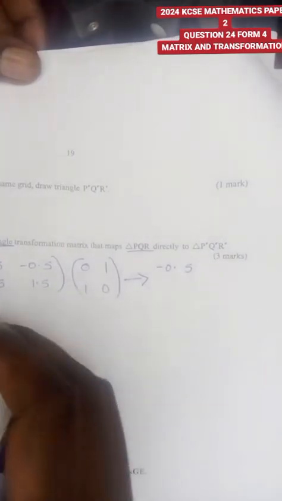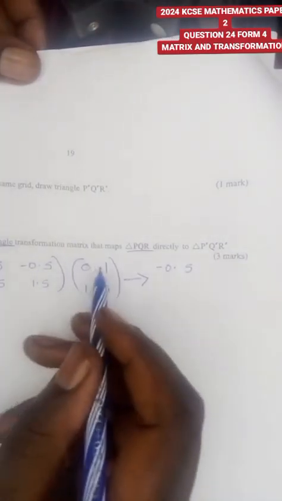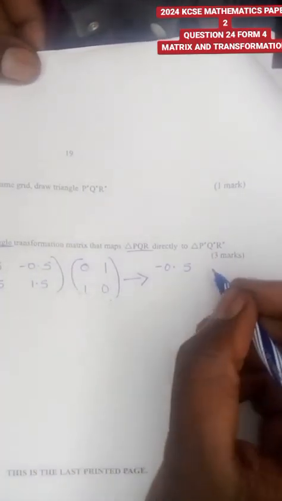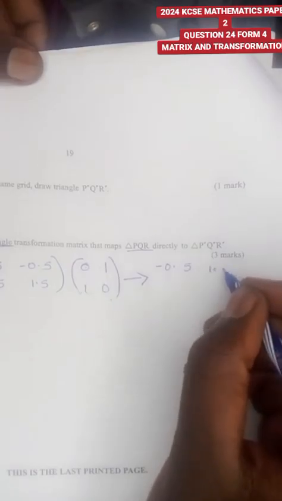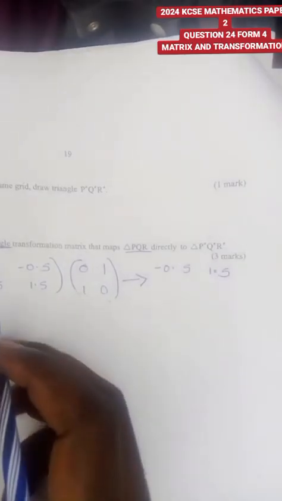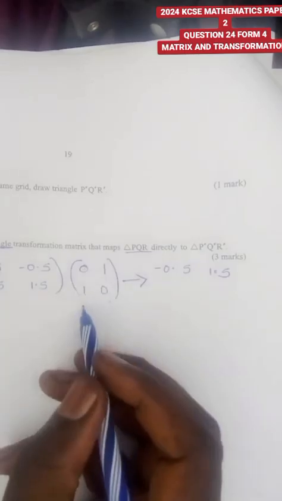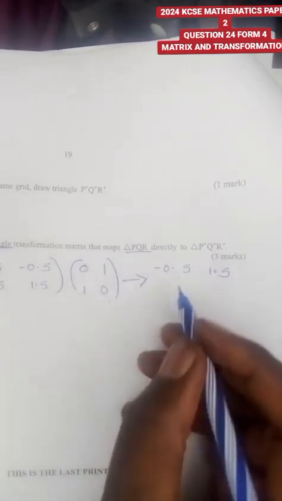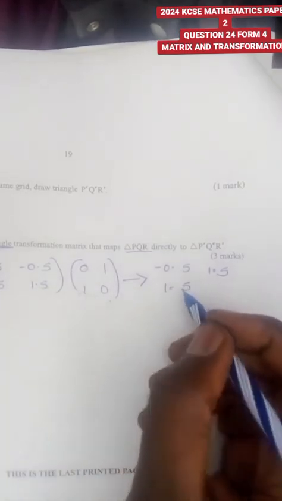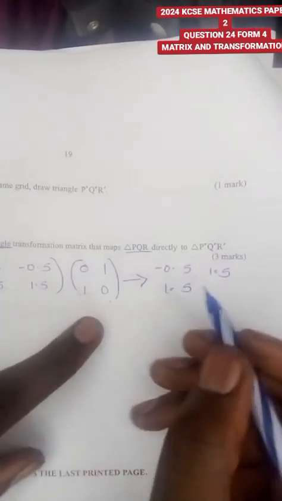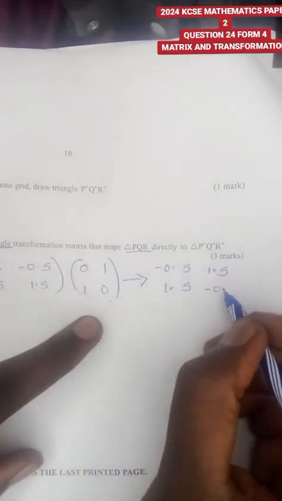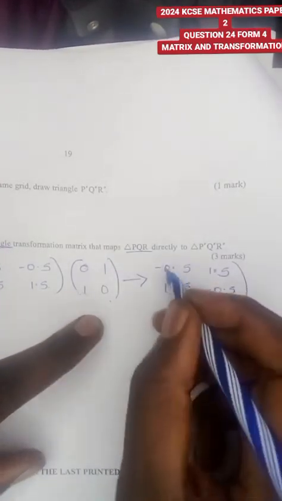So I will have 1.5. Then on the lower row, I will apply the same row versus the column. So this 0, 1.5, and we have row, so it is -0.5. So this one here is the single transformation matrix that mapped it, and that is how the KCSE paper was supposed to be tackled.